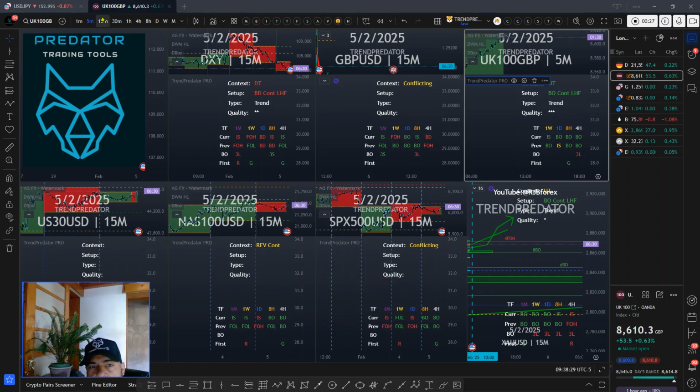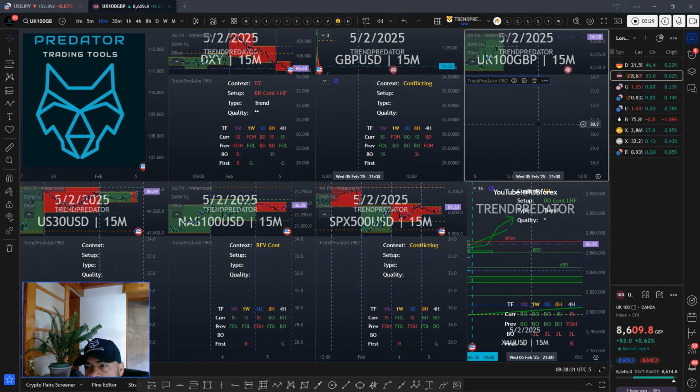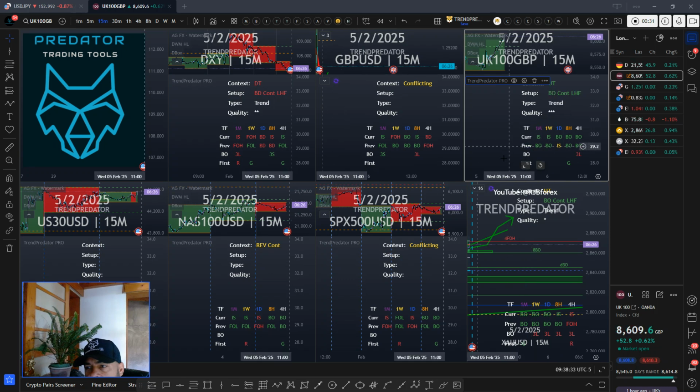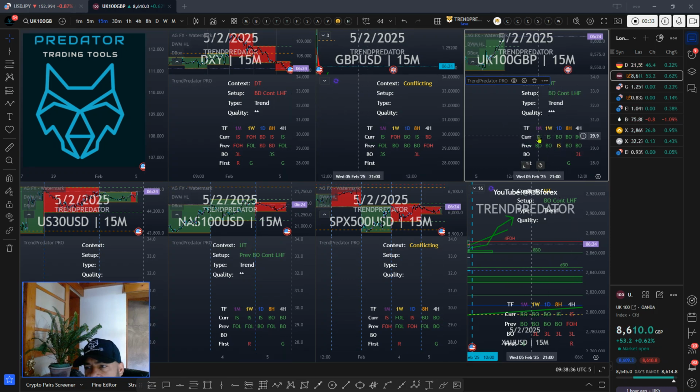Okay, let's have a look at the 15-minute chart, and we can see that the monthly, weekly, daily, 8 and 4 hour, everything is bullish. We've got a first green 8-hour candle, so anticipation with the continuation.